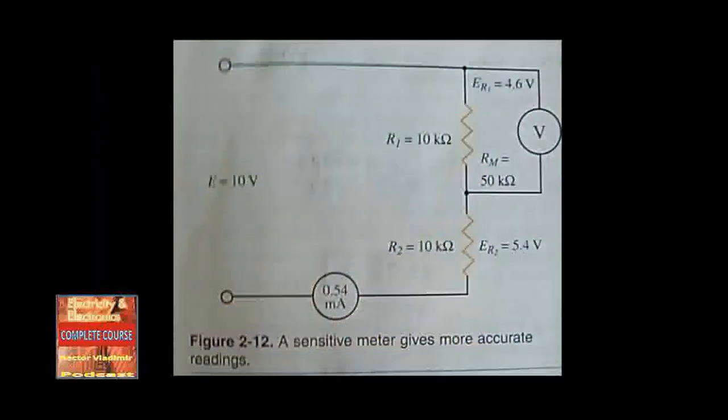In figure 2-12, a 5,000 ohms per volt meter is used. In this case, the combined resistance of the meter and R1 equals 8,333 ohms. The total circuit resistance is 18,300 ohms. Using Ohm's law, the current, or I, is equal to 0.00055 amps, and voltage R1 equals 4.6 volts, and voltage R2 equals 5.5 volts.